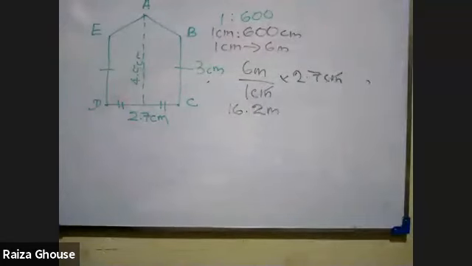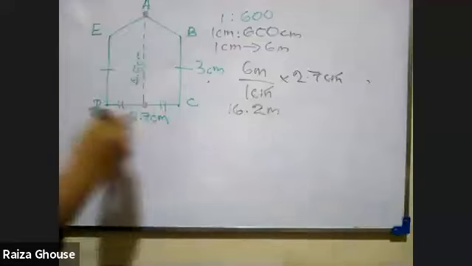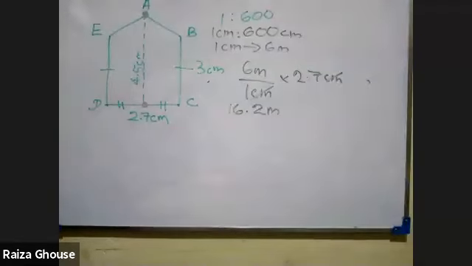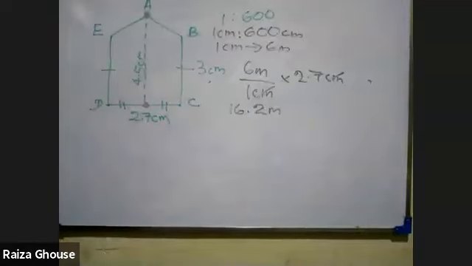And the other thing is, calculate the distance to the top of the building from ground level. That means, children, from the top of the building to the ground level, 4.5 centimeter. You should find the actual length.